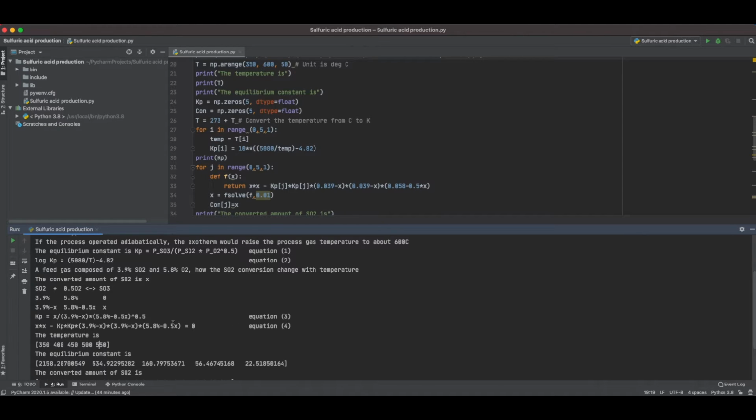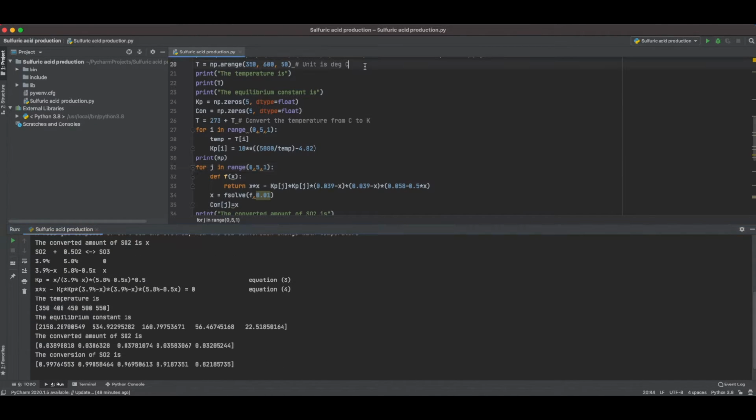For equation 4, it will be difficult to calculate manually, so we are going to use a function called fsolve in Python. Now let's go to the Python program. Here you can see we are starting at 350 degrees C all the way up to 600 degrees C, but not including 600.